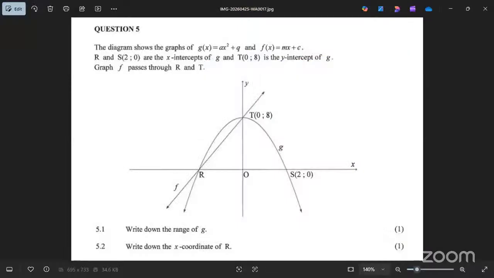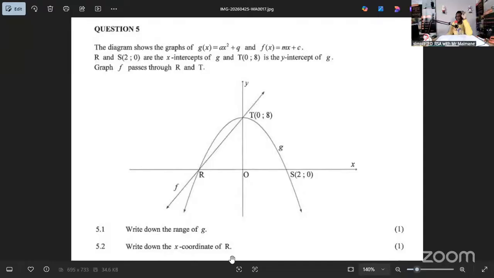And then you ask, what's happening in the diagram? We see two functions. We're going to go through the question, what they say. This question that I selected is just question 5 of a random past paper. So here's the story.